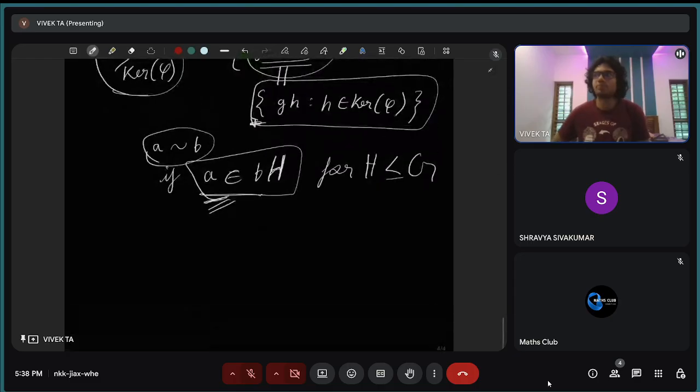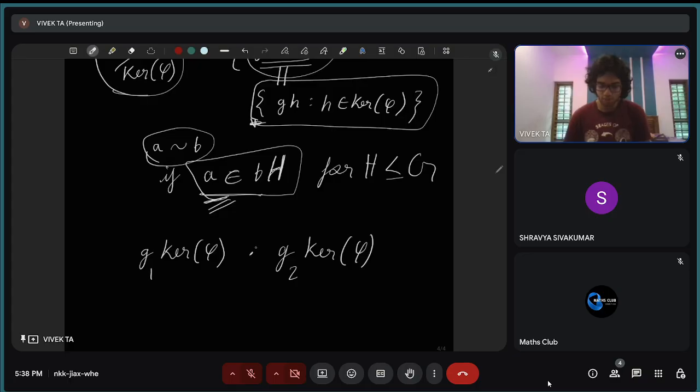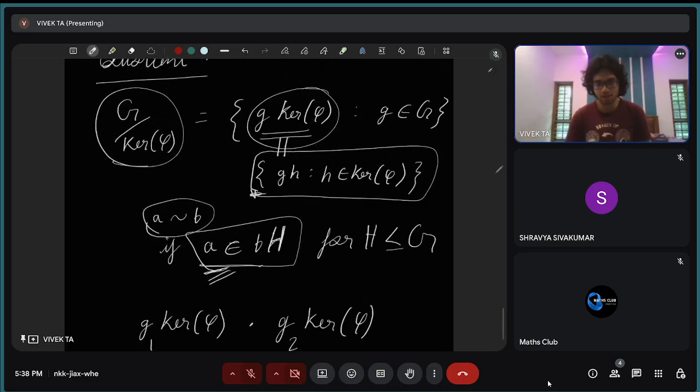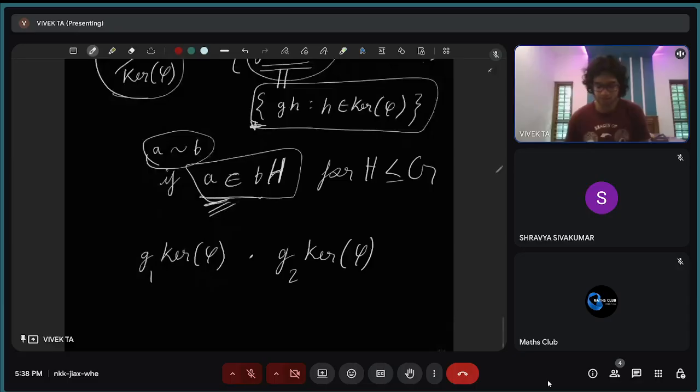In an easy manner, if you had to define it, you can essentially see, if you apply, let's say, g1 kernel phi to some element g2 kernel phi, you have to define this operation. This cannot be inherited from our group because now it's a different group. The elements are not single elements but the sets themselves.